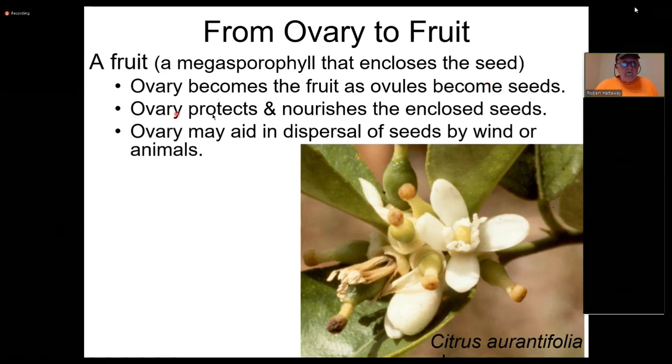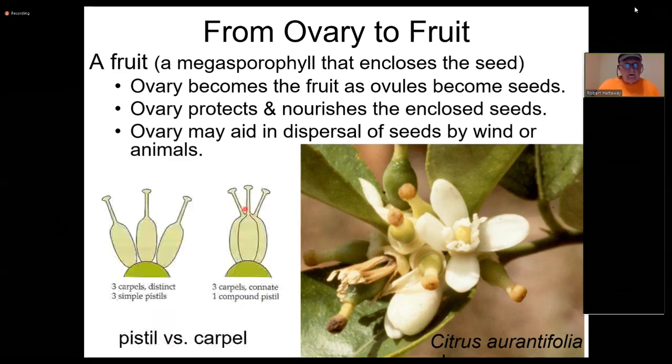Now, the ovary protects and nourishes the enclosed seeds, and that's what's going on here. The problem with this bowling pin is that you don't know that inside there's a bunch of wedges, like the wedges of a lemon. So that bowling pin there looks like a regular bowling pin that has only one seed inside, or one modified leaf.